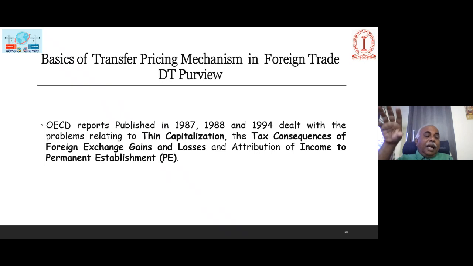That's why I'm not investing more in that particular country, but in the parent country I'm investing more. Then the tax consequences of foreign exchange gains and losses, income, permanent establishment, all these things. With practical examples, how to arrive at the pricing, what are the various audits, all these practical points of view we will discuss in the next class.